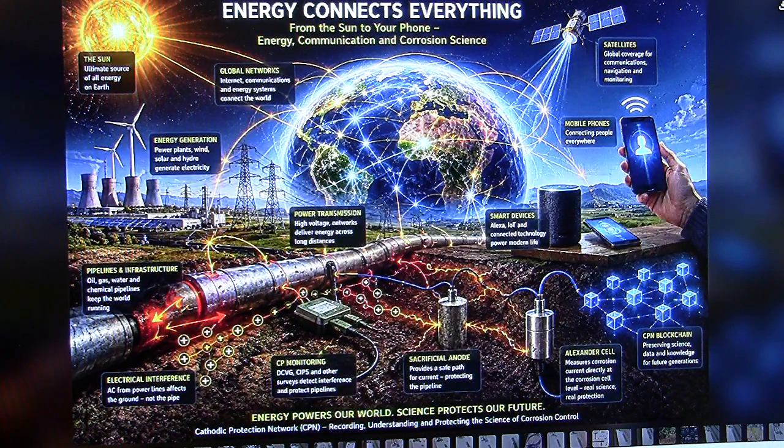When people see a pipeline, electrical systems, soil, coatings and external sources of energy interacting, it is very easy to produce an explanation that sounds technically impressive. But technical language does not automatically make an explanation correct. We need to understand the actual electrical circuit.